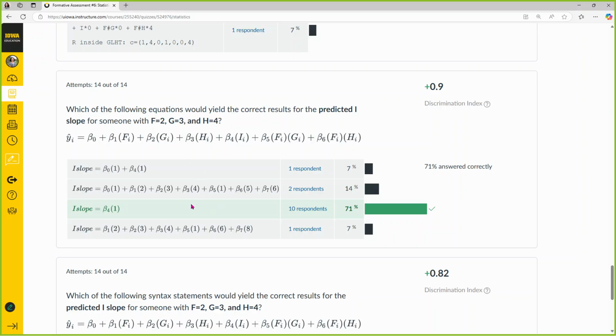Which of the following equations would yield the correct results for the predicted I-slope for someone with f equals 2, g equals 3, h equals 4? Okay, for every other one, what did I have you count up before?